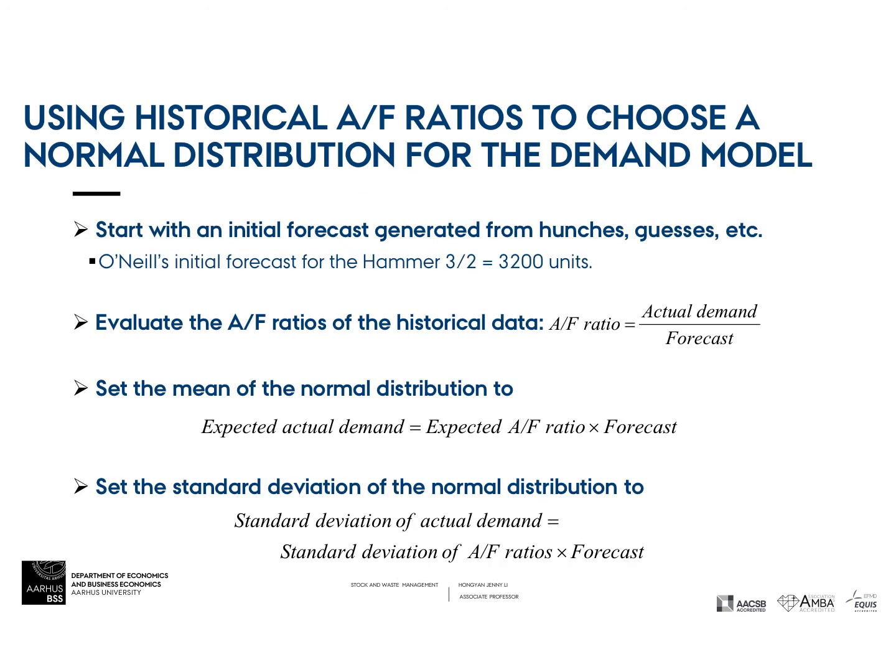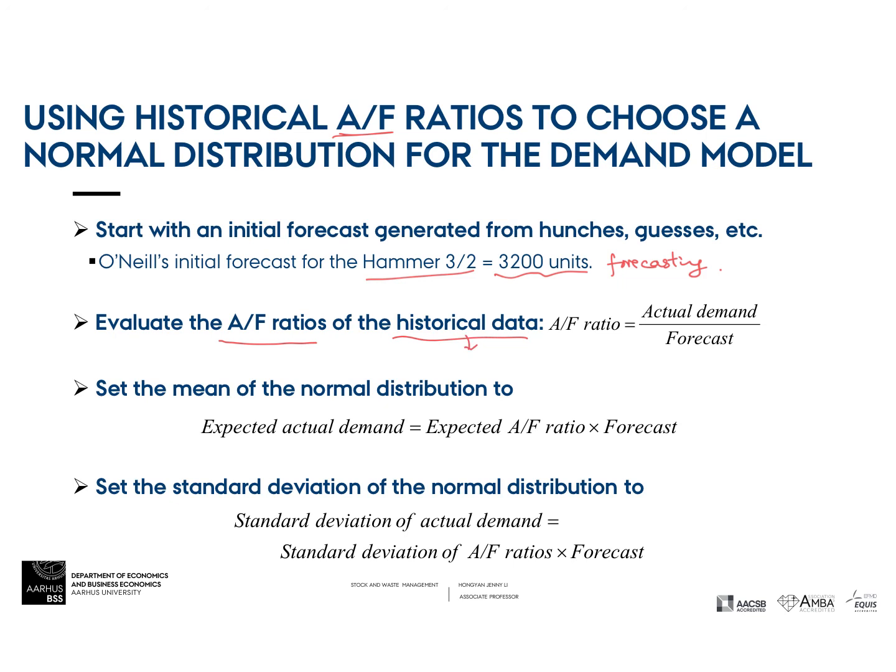We introduce a method called using historical AF ratios to choose a normal distribution for the demand model. In O'Neill's company example for Hammer 3.2, the forecast for this product is 3,200 units in the next selling season. Next, you evaluate AF ratios, so you get all these AF ratios from historical data.